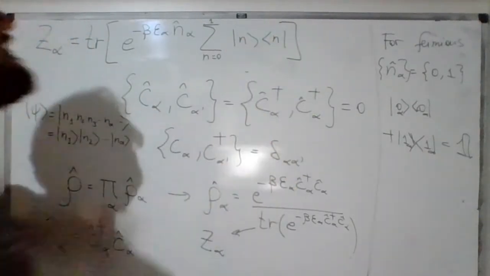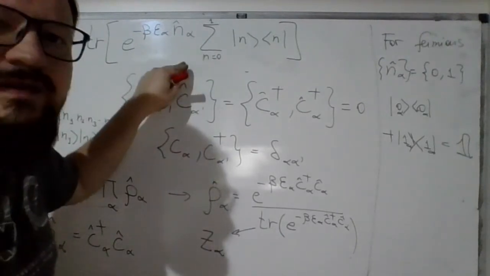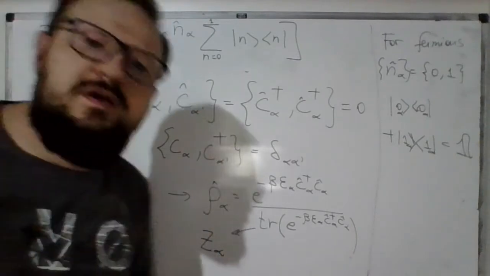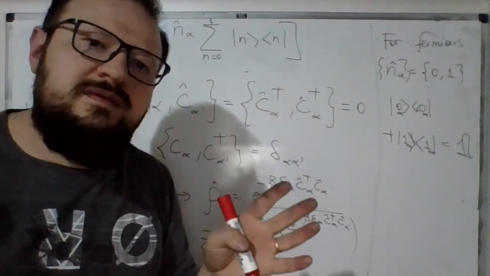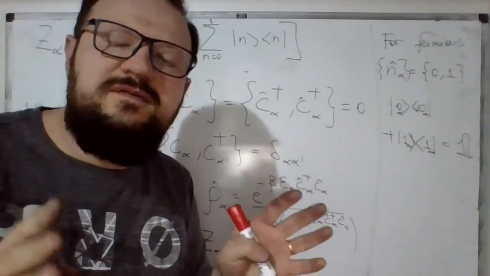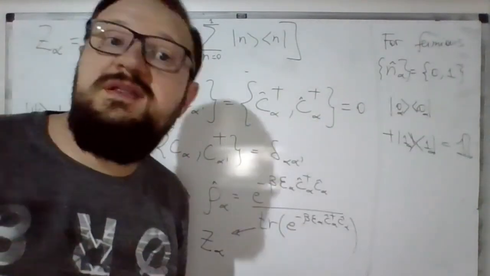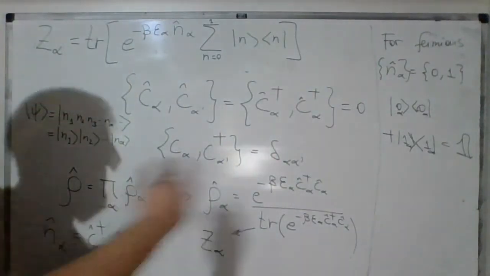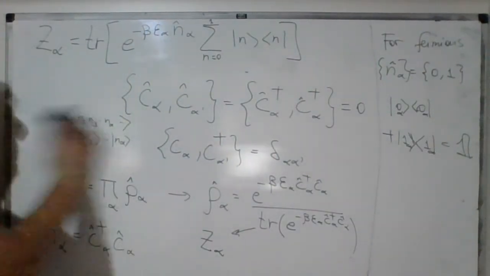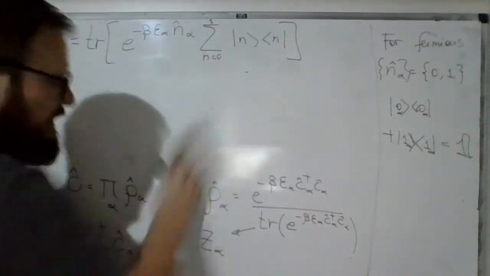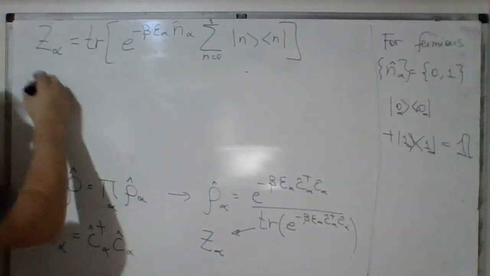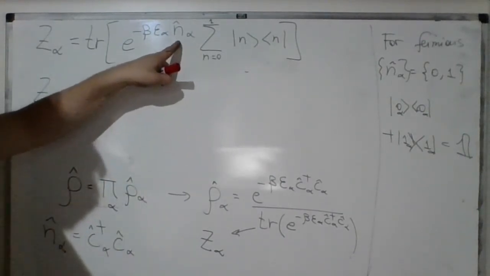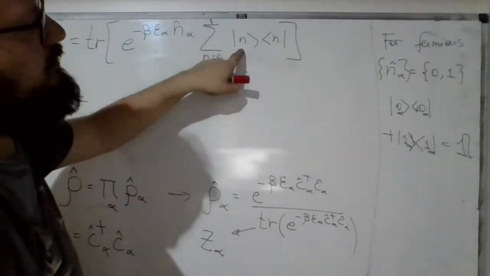And this is a 2 by 2 matrix in the subspace of the state alpha. For bosons, the submatrix in the subspace of the state alpha is an infinite dimensional but discrete matrix. Here we have a 2 by 2 matrix. So there are two possibilities, and the two possibilities here correspond to an eigenstate with zero fermions.